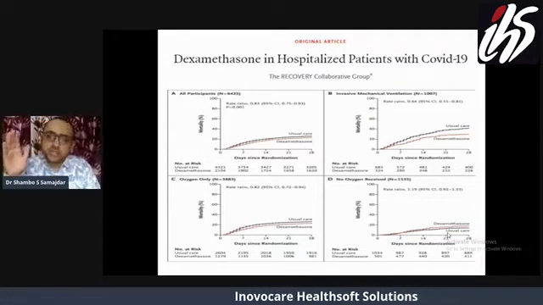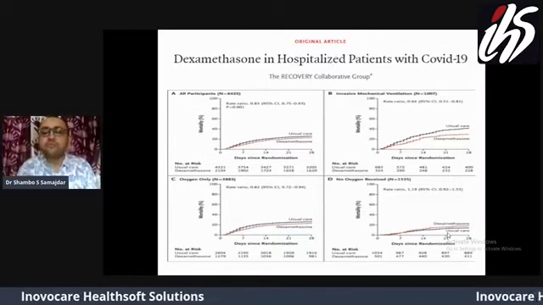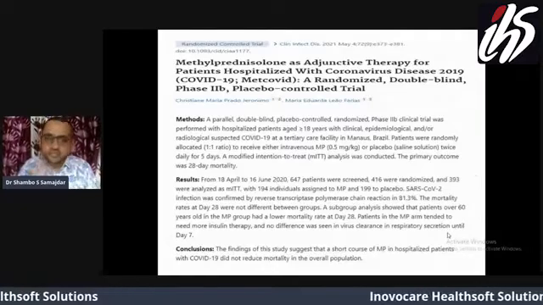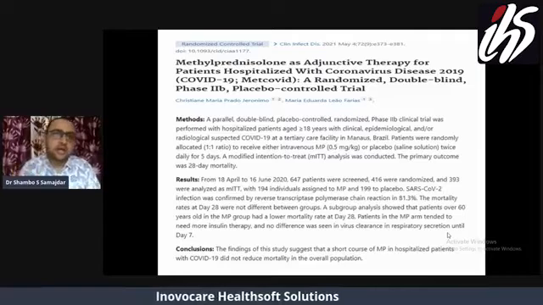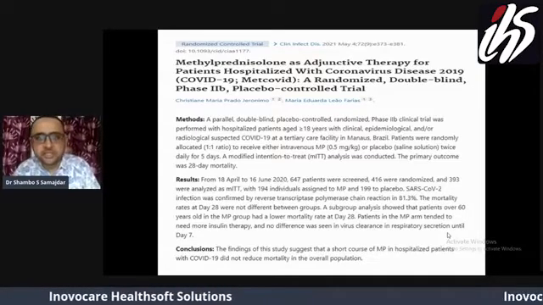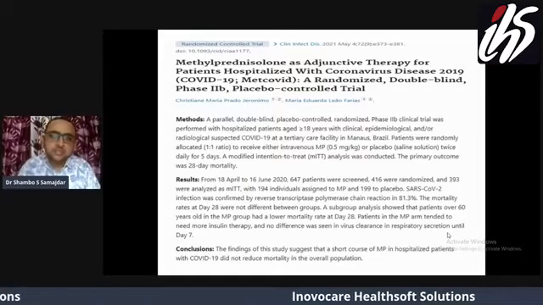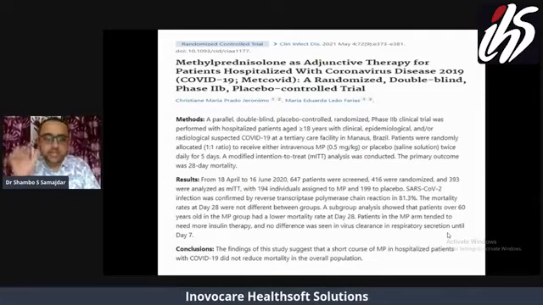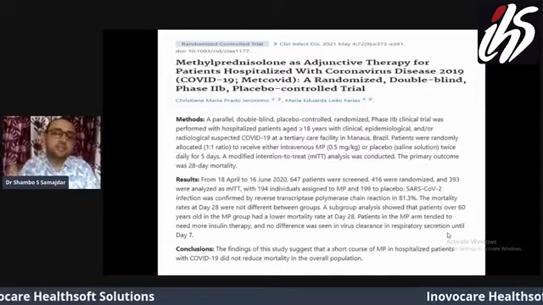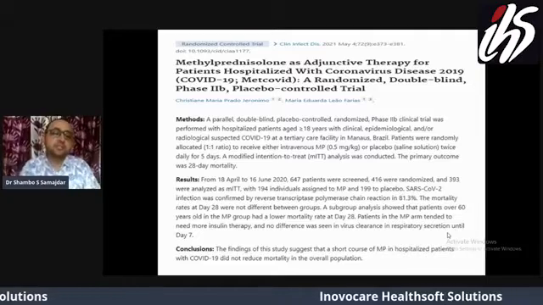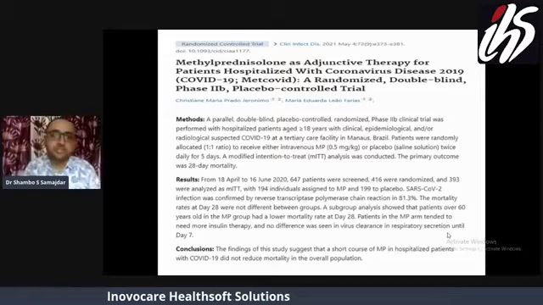So the RECOVERY trial had clearly depicted the need of dexamethasone. Very recently, one trial was published in the journal Clinical Infectious Diseases, May 2021. This particular randomized control trial with methylprednisolone suggested that a short course of methylprednisolone in hospitalized patients with COVID-19 did not reduce mortality in the overall population.